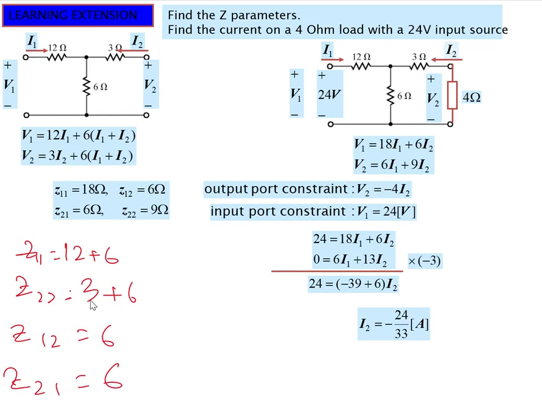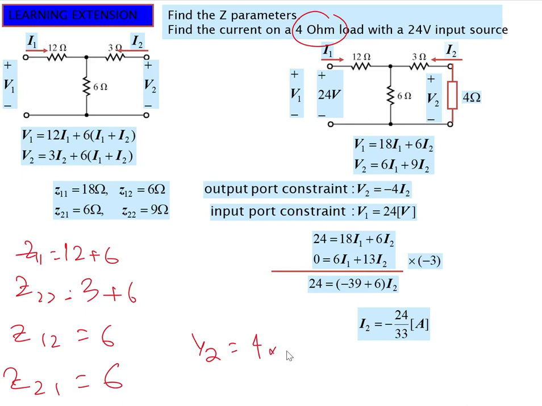After that we have the 4 ohm resistance in which we want to find the current. So put this 4 ohm in terms of voltage, and it will be V2 is equal to 4, V is equal to IR.